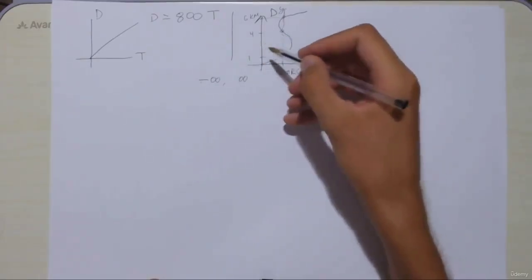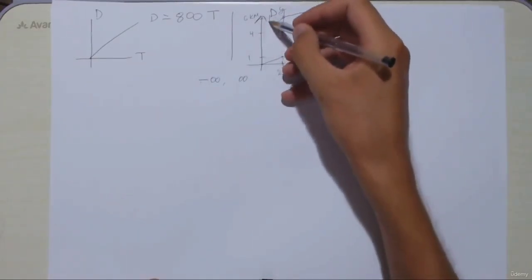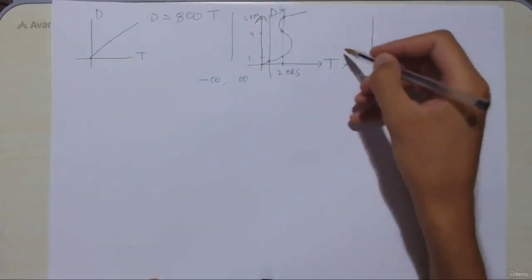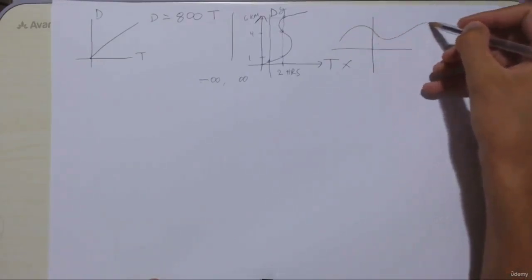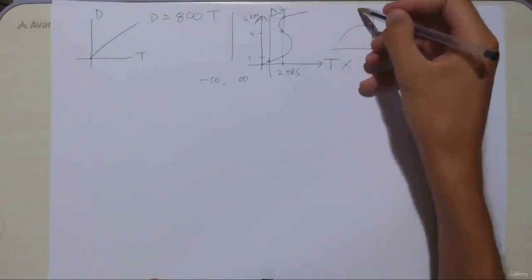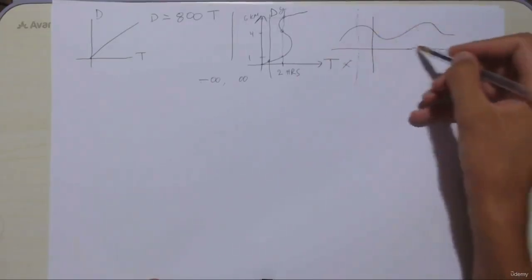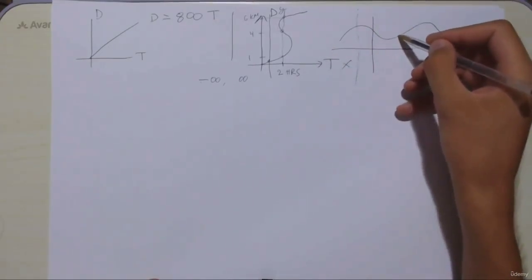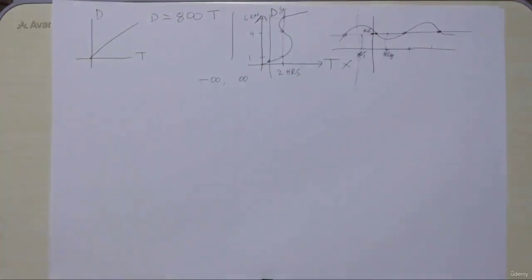And the rule is that this vertical line needs to touch the graph only once. So if you have a graph something like this, and then you take this vertical line test, and if you go over all the axes, the graph will always touch the line only once. Then it's a function. But in this case, it's not a function.